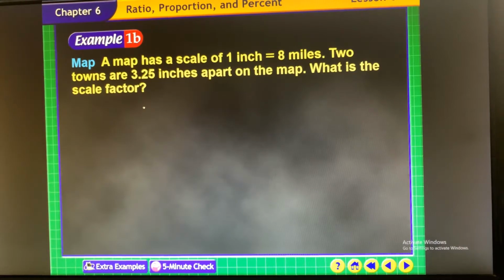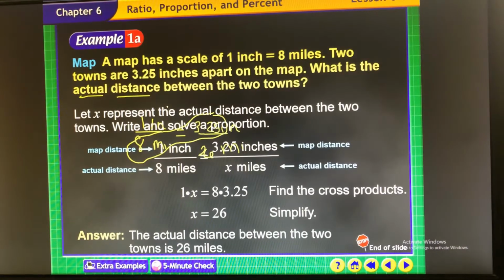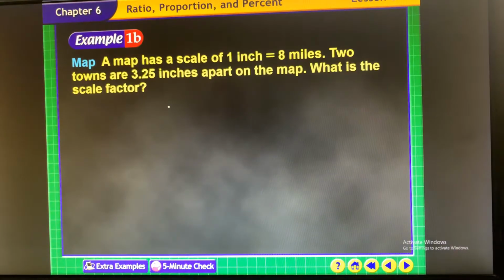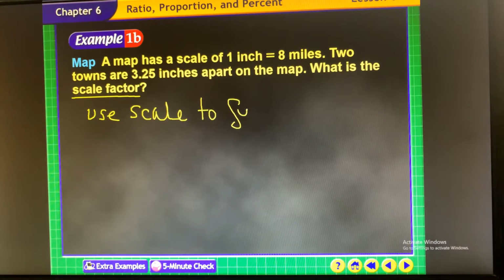Same with this one, but there's a different question. So if you go back to this one, it's asking what is the distance between the two towns. If I go to this one, it says what is the scale factor. Scale factor is use the scale to find the fraction.